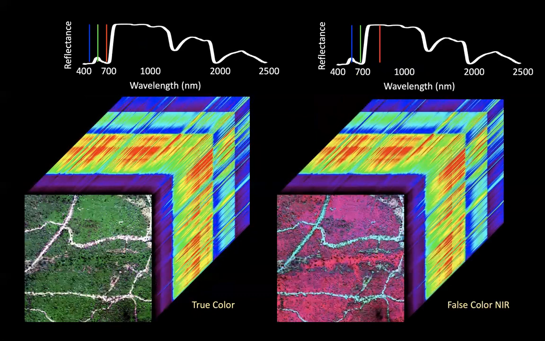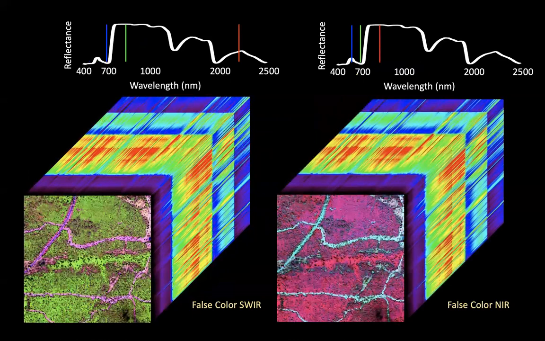So there's your visible true color. Here's a false color infrared, where you've got some near infrared band that's shown in the red to give you a more traditional color infrared, false color image like you see on the wall over there. Or you could go into the shortwave infrared and throw that into the red band, and you get something that looks kind of like this over here.